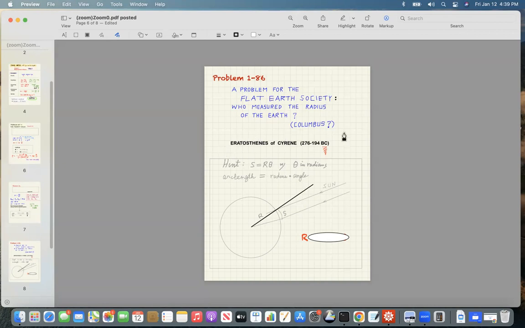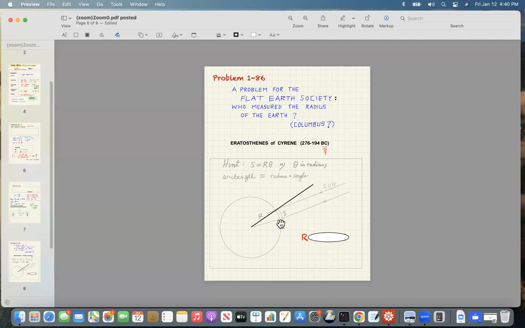So you can read about this in the problem. The problem has a little paragraph about Eratosthenes and his observations. If he considered his hometown, that's Cyrene, at noon, midsummer's day, the sun would be directly overhead.